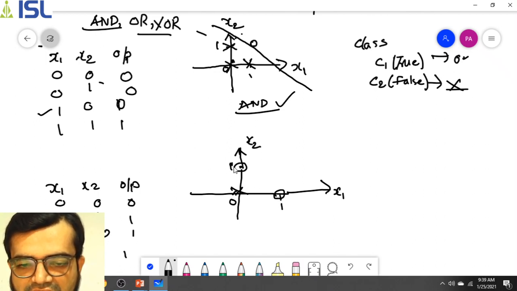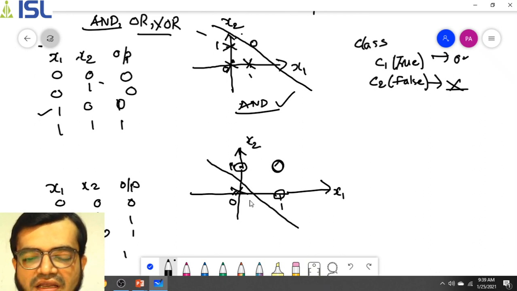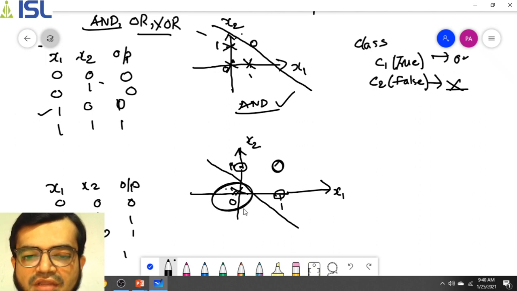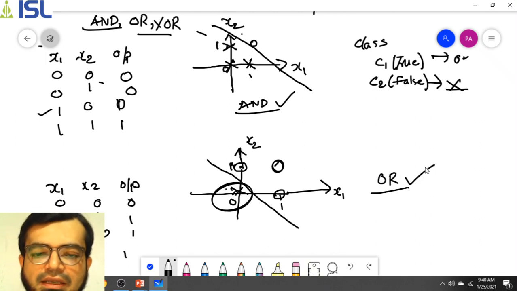Here also a circle, and 1 1 also a circle. So these three patterns look similar and this one is different. If I take this line, now this is a linear line which can divide the two patterns: the one with all three circles, and the other pattern with just one value, the cross mark. So here this is one pattern and this is the other pattern.